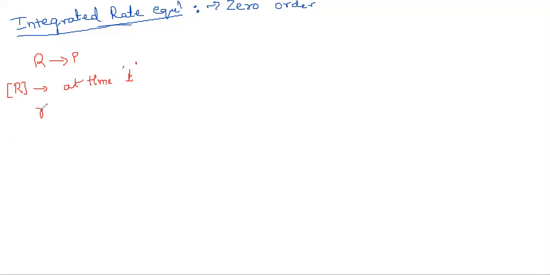Therefore, rate of reaction is equal to minus d[R] by dt. So this we know how to write.